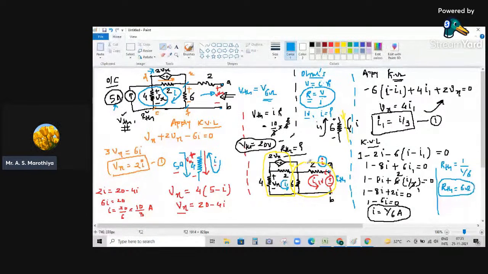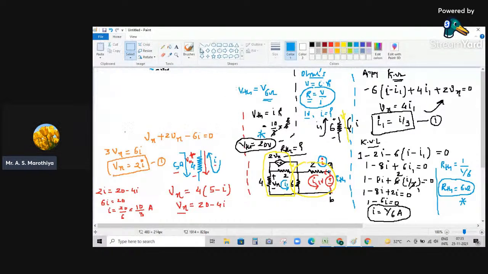Now finally, in the first portion of this network, when we solved for VTH, we got the value of VTH as 20 volt. And here we got the value of RTH as 6 ohm. Now the Thevenin's equivalent circuit for this case is going to be like this. Here we have a voltage source, which is nothing but VTH, with a value of 20 volt.